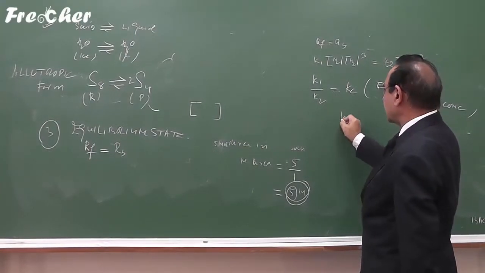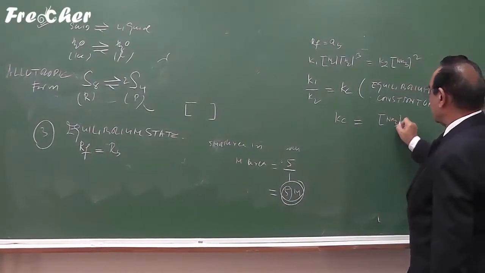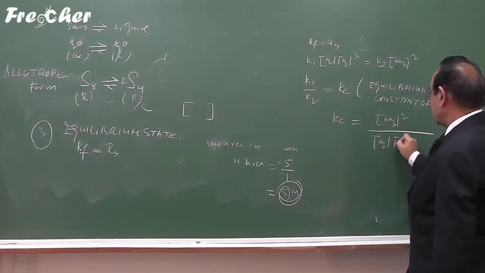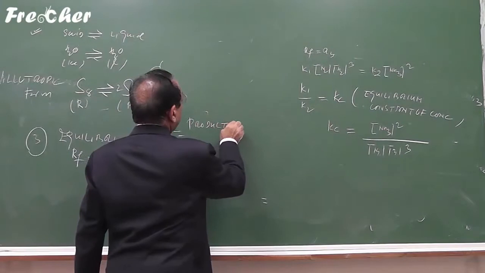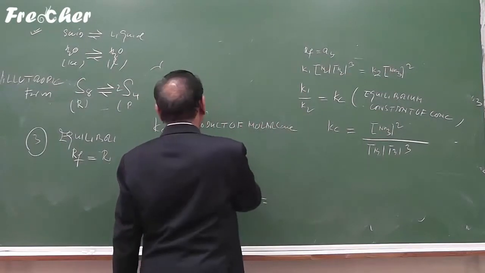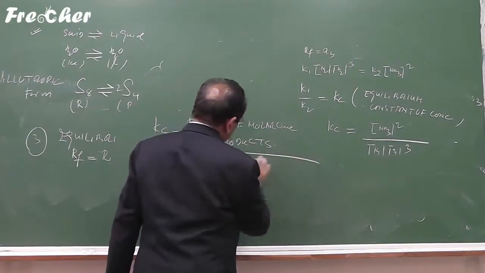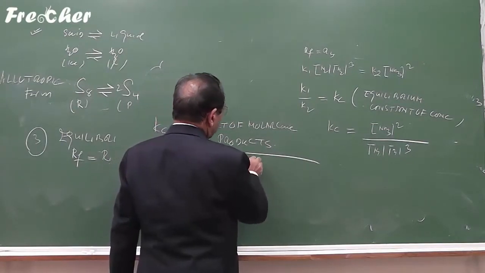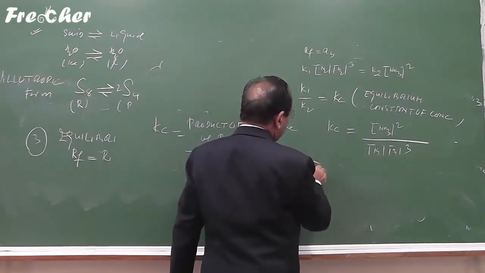We can also define Kc as ammonia to the power 2 over N2 H2 to the power 3, as a product of molar concentration of products, taken in the numerator, divided by the product of molar concentration of reactants in the denominator.